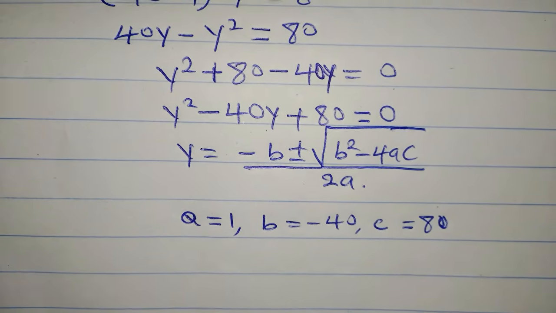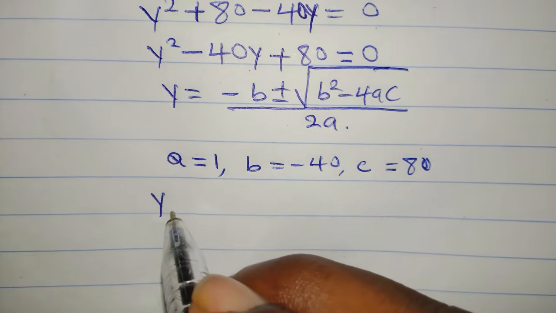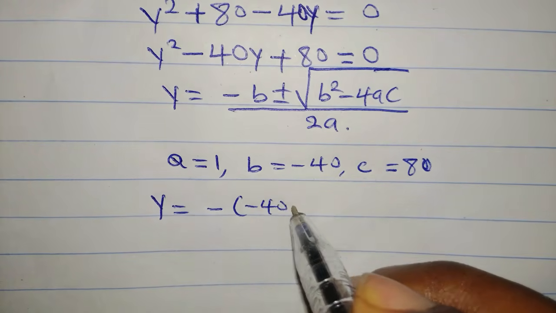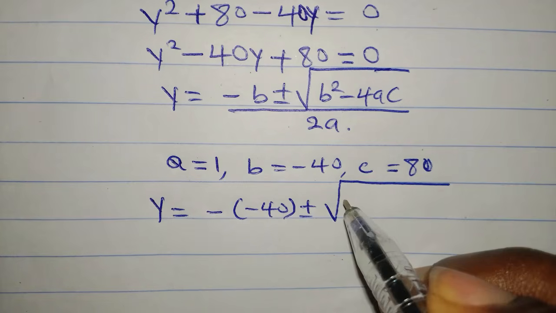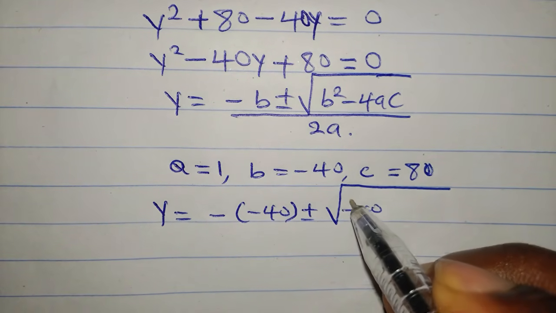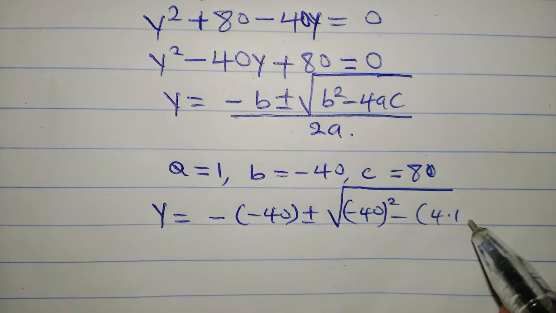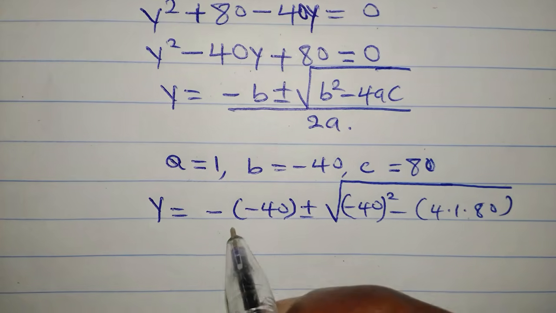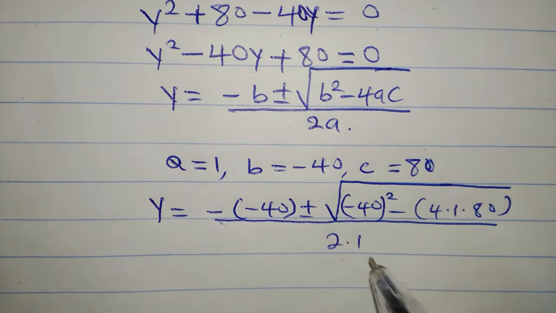Okay, so if we substitute everything inside, we simply have y equals minus, open bracket, minus 40, close bracket, plus or minus the root of minus 40 square minus, open bracket, 4 times 1 times 80, close bracket, divided by 2 times 1.